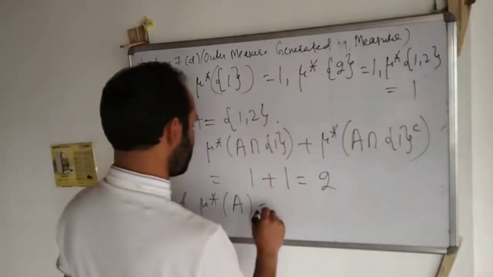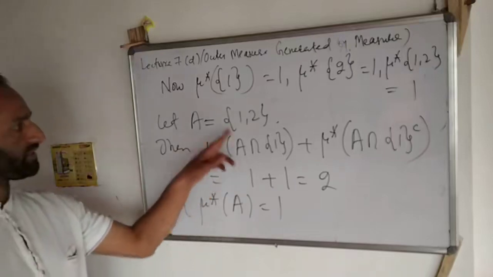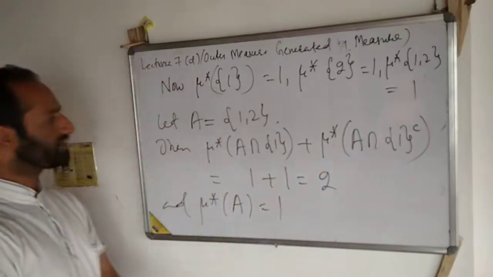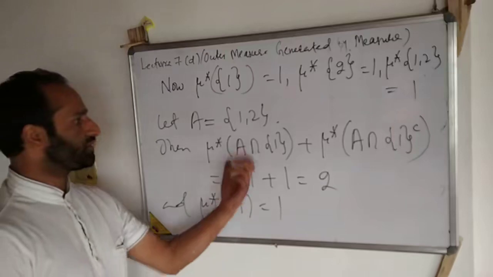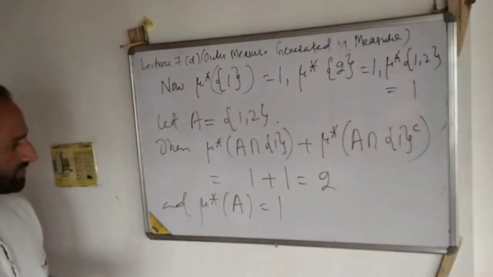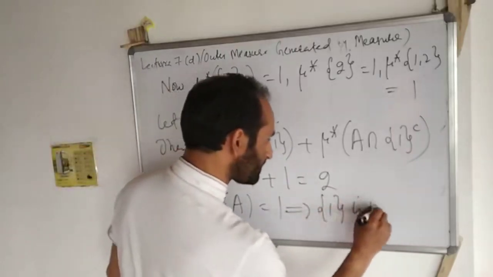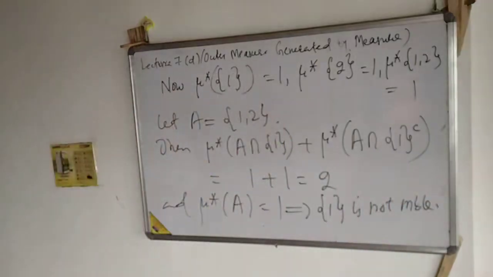So mu star of A is not equal to mu star of A intersection {1} plus mu star of A intersection {1} complement. That means this set is not measurable, because for measurability, mu star of A should be equal to that sum. So this implies the singleton {1} is not measurable.